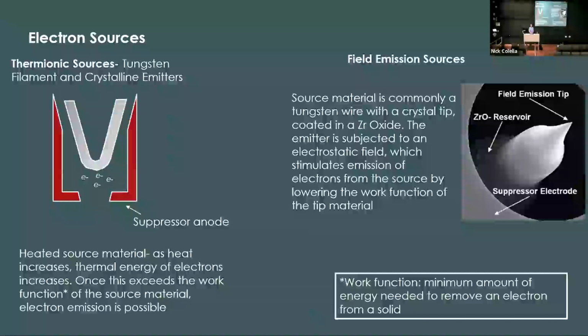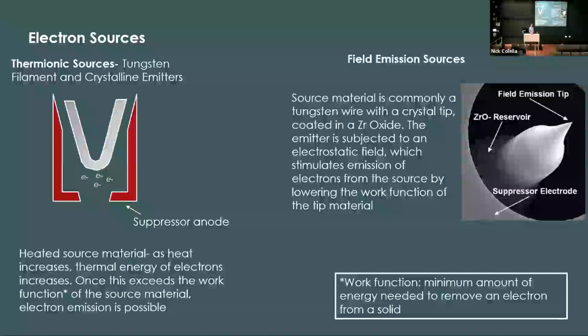So electron microscopy requires electrons. In the SEM, there's two main ways that we can generate those, either with what's called a thermionic source or a field emission source. Both of them are going to be designed to get electrons off of some sort of source material. In thermionic, there's a couple of different materials that are used, but basically these are just heated up, right?